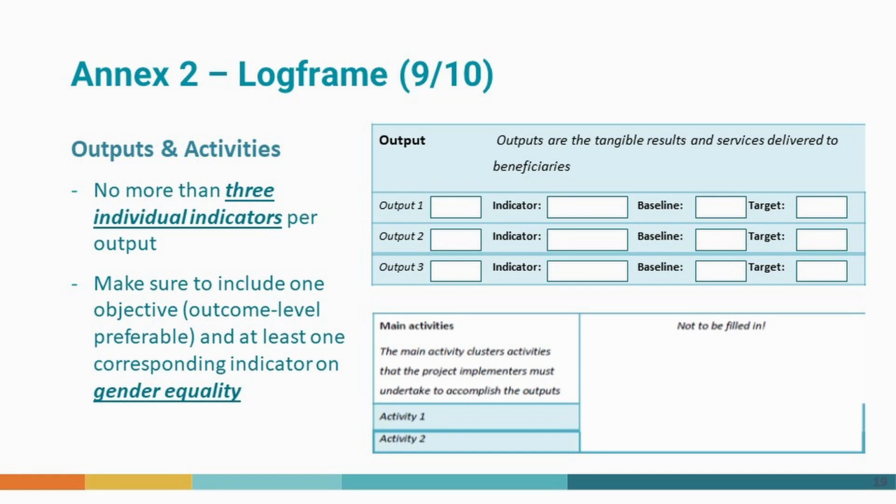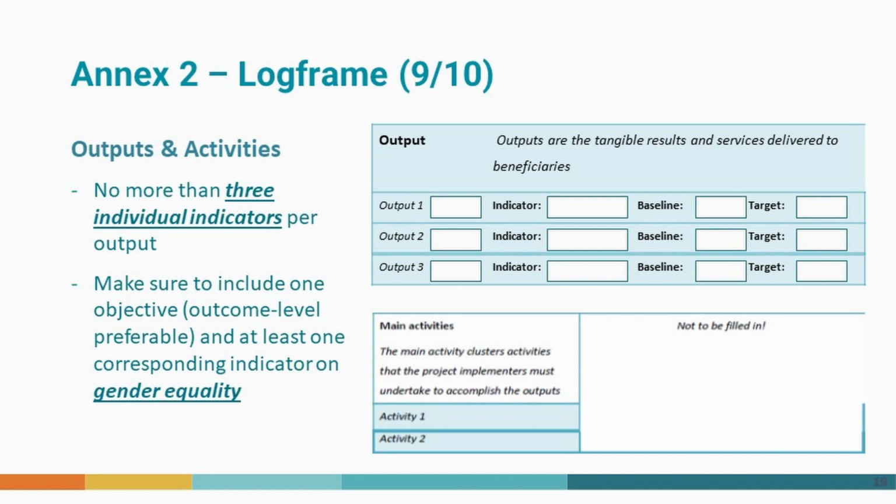Slide 9, output and activities. The last section of the Logframe's result hierarchy is outputs, including output indicators and activities. Outputs are the tangible results and services delivered to beneficiaries. Outputs are generated by using and transforming inputs through project activities.